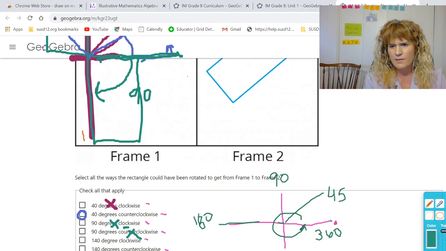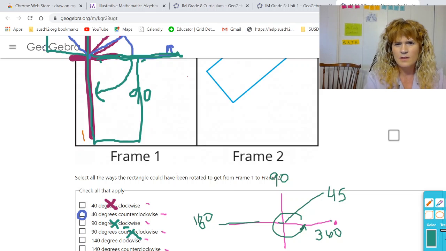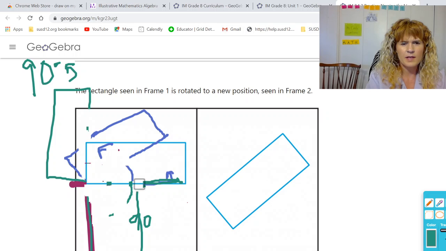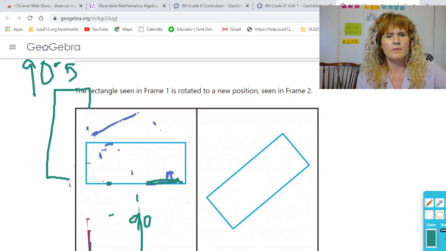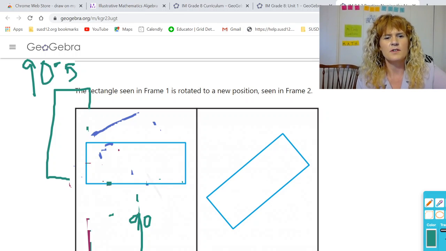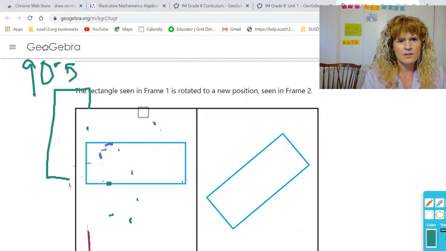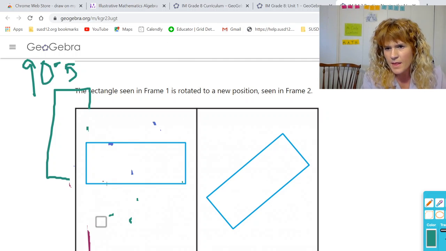Let me erase what I've got here. Let me erase all this so I can try some more angles. Maybe I can erase faster with my finger. I have a touch screen. That's a little faster. A little. Not much. I better practice more with this program.